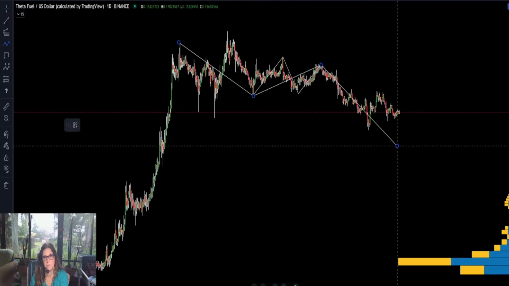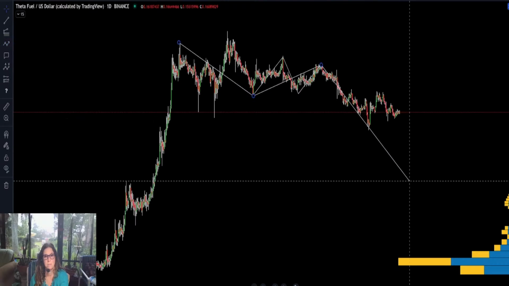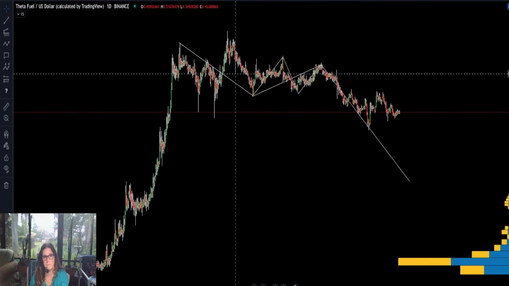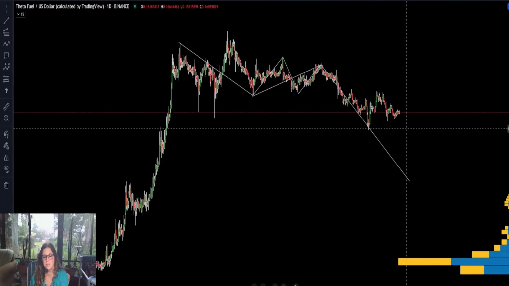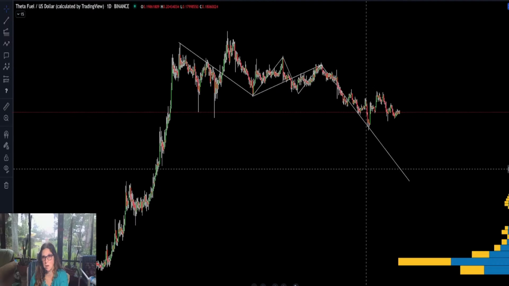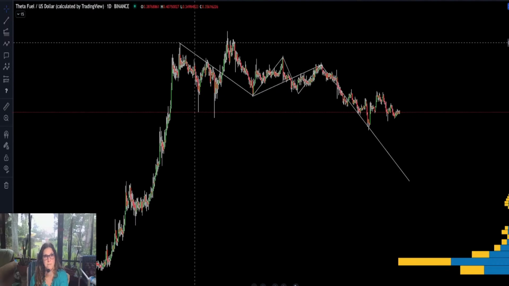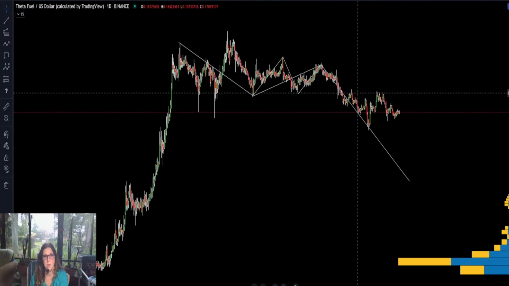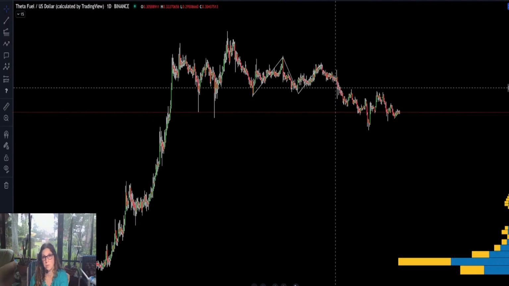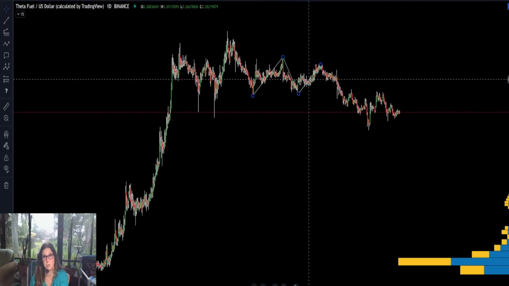And eventually, hopefully, it won't go too deep, but it's corrective. I don't see anything impulsive in here, meaning that it's not ugly. Like I don't see a 5-wave move off the top. It doesn't look too awful, really. Bitcoin honestly looks worse.